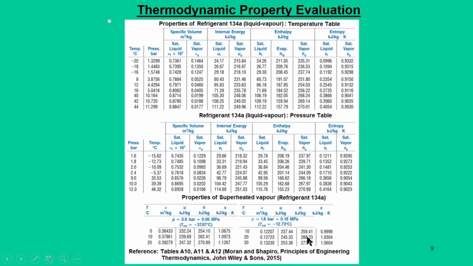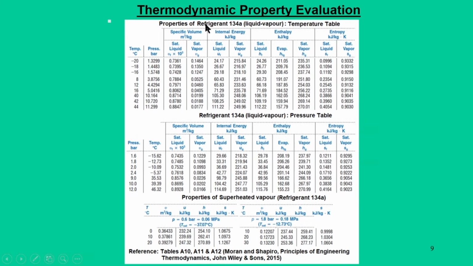Since our entropy remains constant during the compression process, apart from pressure we require entropy. So, from pressure and entropy we can evaluate the thermodynamic state of the refrigerant at point 2s. This is how the properties are studied, either in the form of T-S diagrams, P-h diagrams, or by determining the properties using the tables.